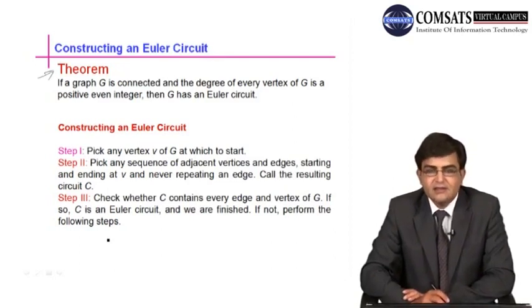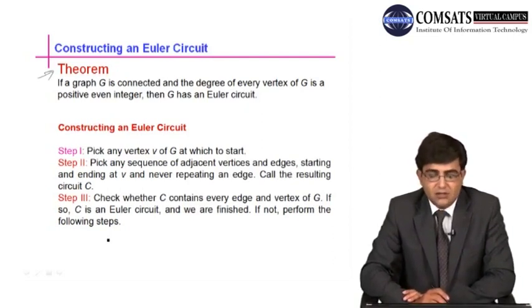This is basically the circuit C which we have constructed. Now if the circuit C which you have constructed uses all the edges exactly once and all the vertices at least once, then this will be your Euler circuit.